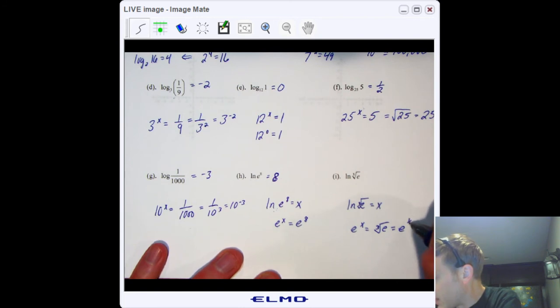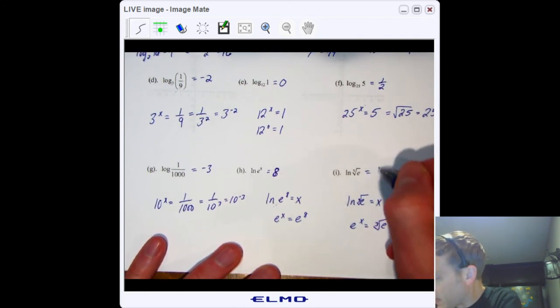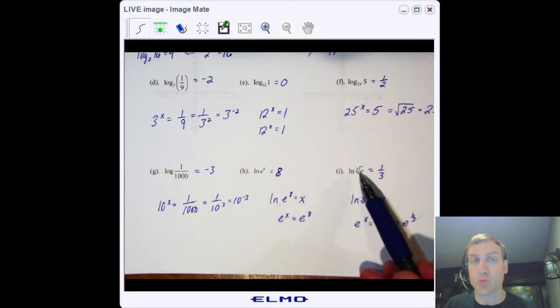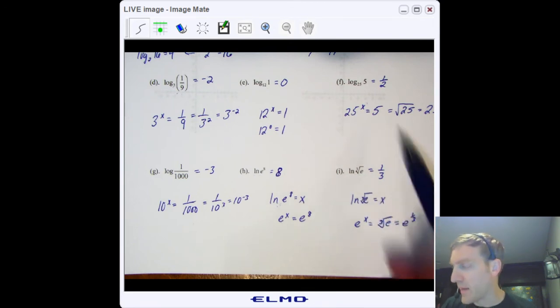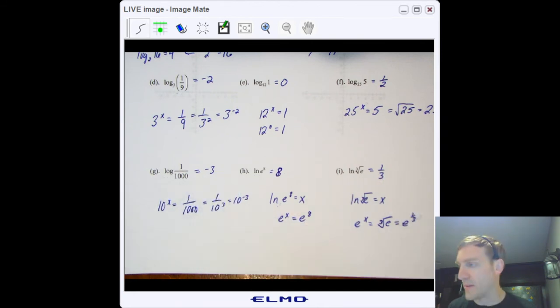Since it's cube root, that's going to be e to the 1/3. So what is the answer? The answer is 1/3. So one more time, anytime you have a radical on your number inside, or you take the square root like we did above, the answer will be a fraction. Anytime you take the reciprocal, your answer to the log will be negative.